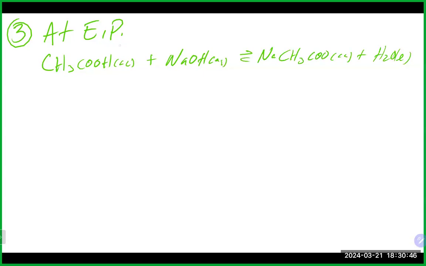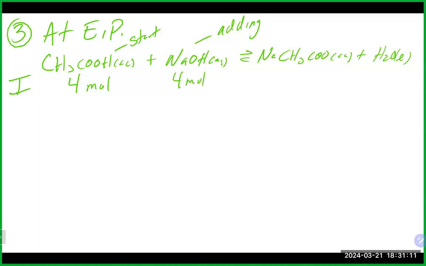Once again, this is what I'm starting with, and this is what I'm adding. We will once again do this ICE table in moles, and I'm going to start with my made up number, 4 moles again. Now, since I did reach the equivalence point here, the moles of sodium hydroxide should be 4 as well. So it should be equal.